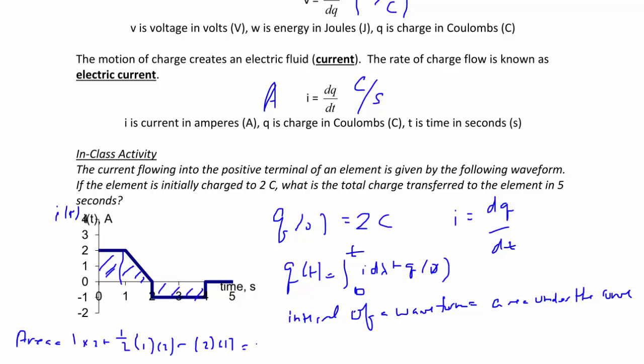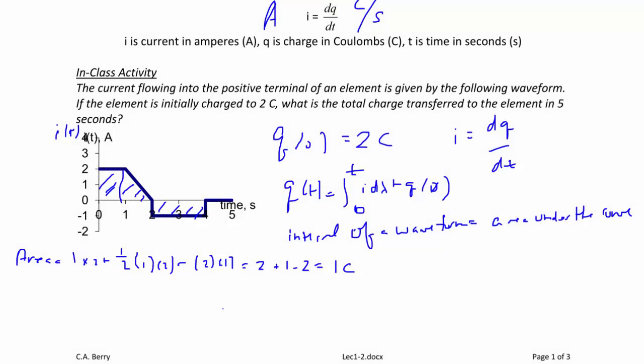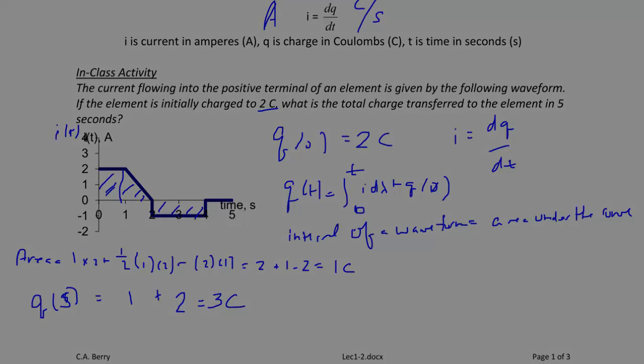So the area is equal to 2 plus 1 minus 2, which equals 1, and that's 1 coulomb. So going back to our equation, the charge transferred to the element in 5 seconds, q(5), is equal to 1 coulomb plus the initial charge, which was 2. So the answer is 3 coulombs.